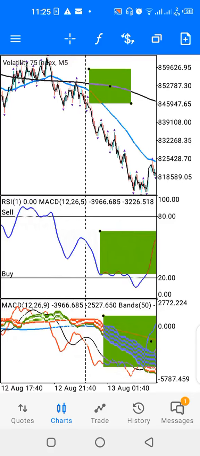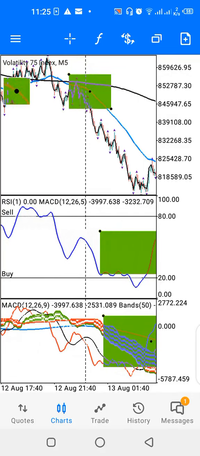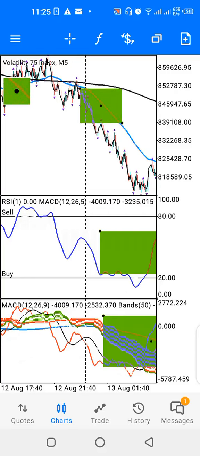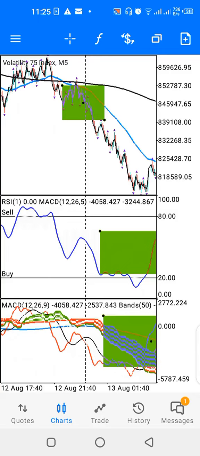I try to buy. Now anytime the blue line, the 50 simple moving average, crosses down below the 240, and the 1 period Bollinger Band also crosses down below the 2 lines, then I take my entry. That's my trigger point where I place my sell trade.